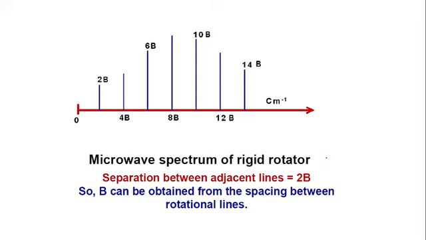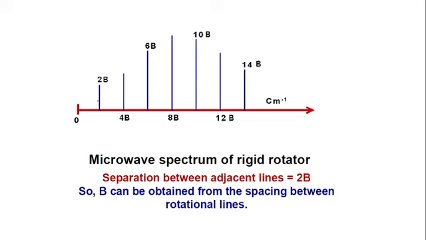This is the microwave spectrum of the rigid rotator. The separation between the adjacent lines is what? 2b. Here this is the wave number difference. From energy level 0 to 1, this is 2b. From 1 to 2, this is 4b. 2 to 3, this is 6b.